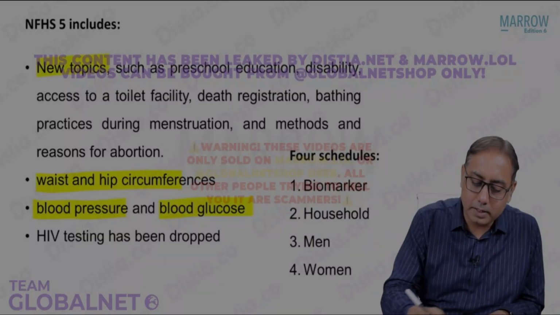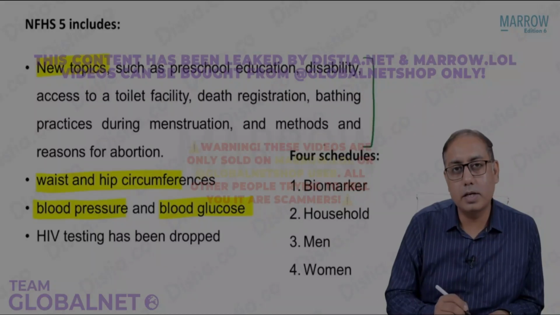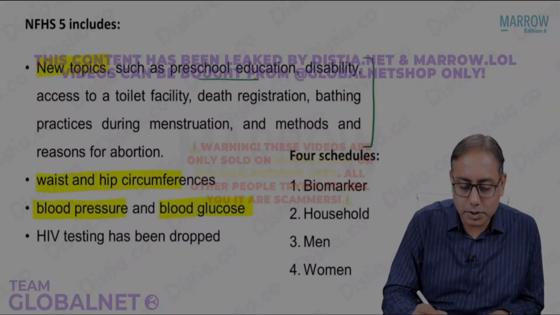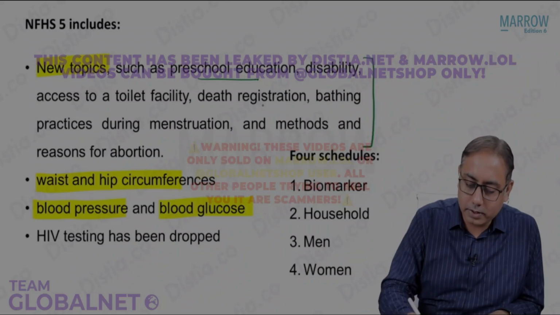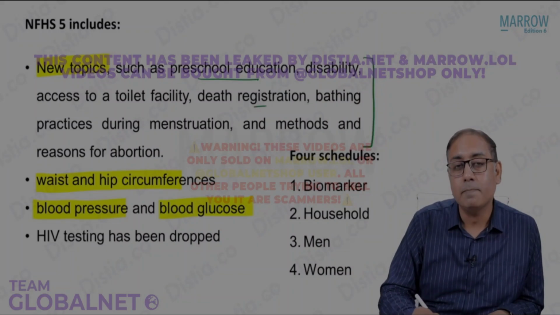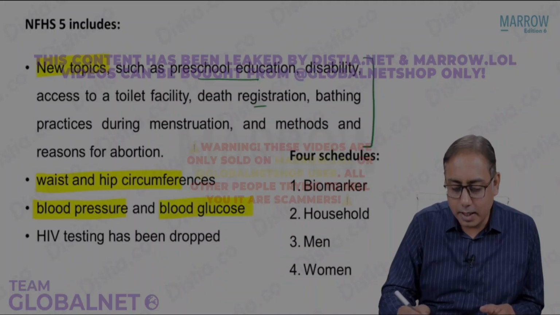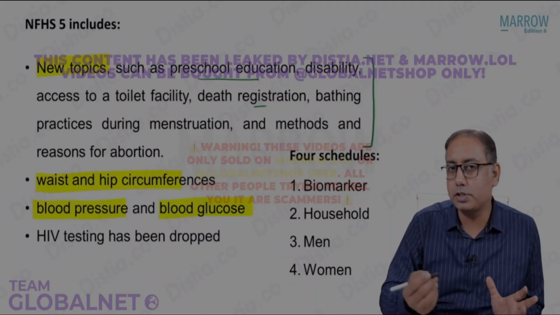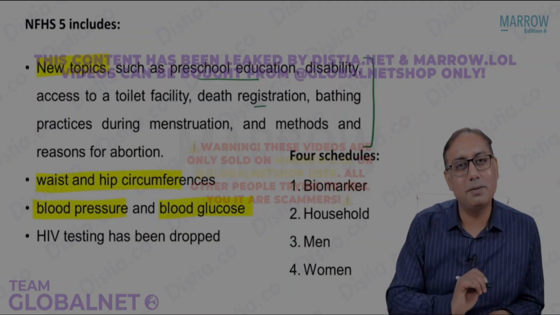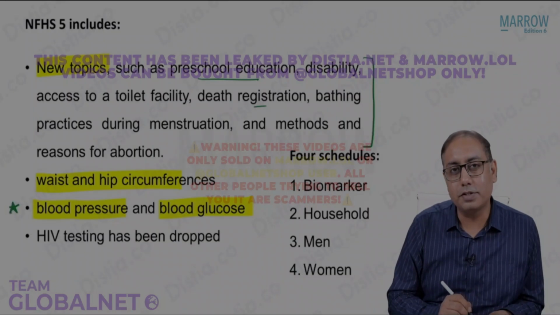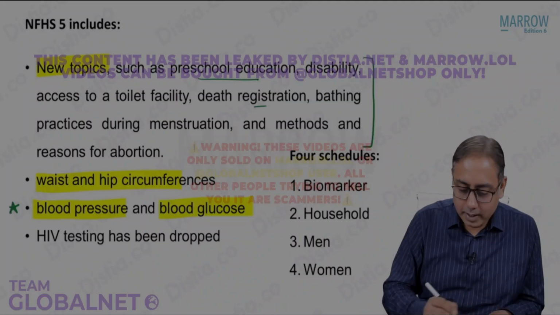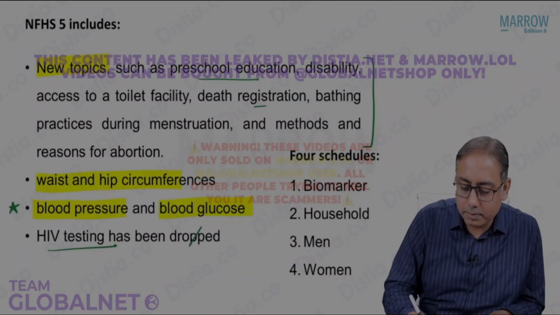You don't need to memorize these topics: preschool education, disabilities, access to toilet facilities, death registration, bathing practices during menstruation or menstrual hygiene, methods and reasons for abortion, and so on. But for your MCQ exams, you should know that blood pressure and blood glucose were tested for the first time under the National Family Health Survey, and HIV testing has been dropped this time.